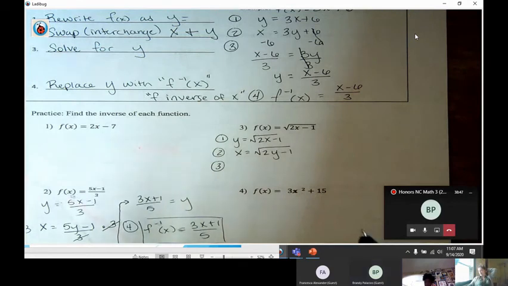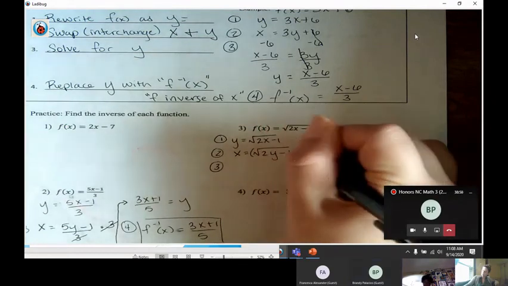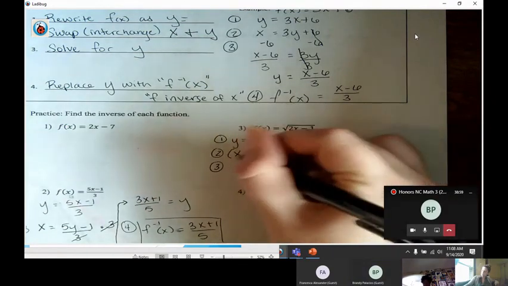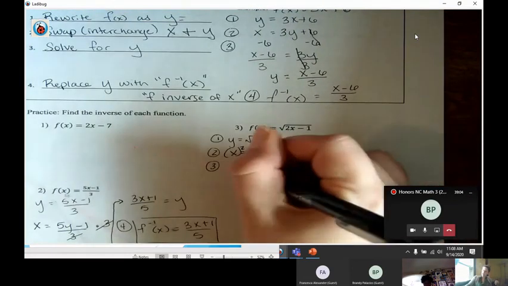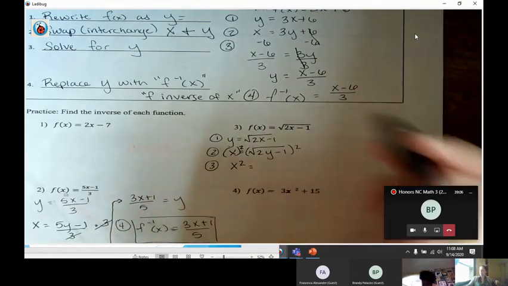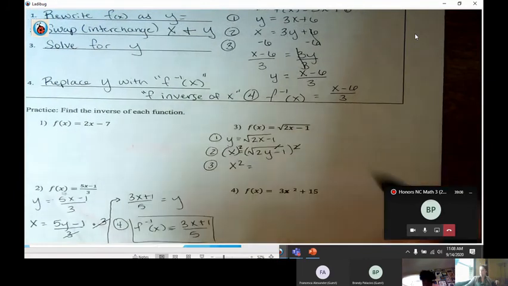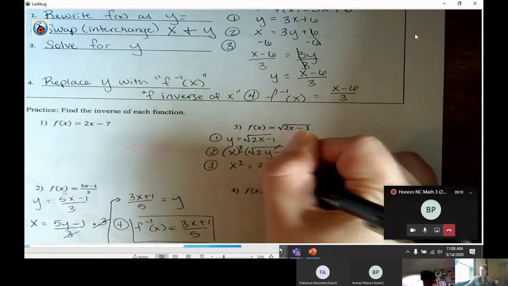What's the opposite of square rooting? Squaring. Yeah, so I'm going to square each side. Okay, so I'm going to end up with x squared equals, now this square root and the square cancel, so I'm just left with 2y minus 1. Very good.